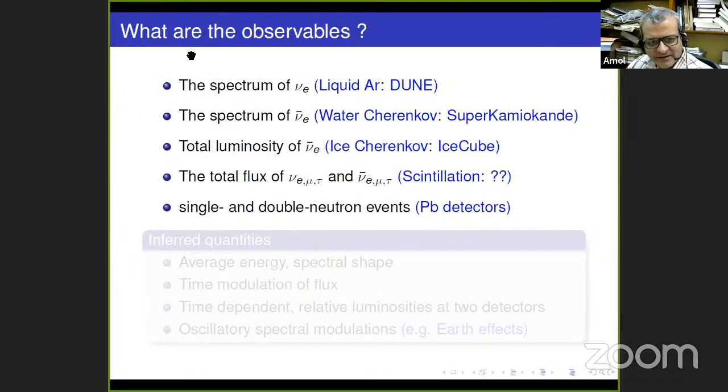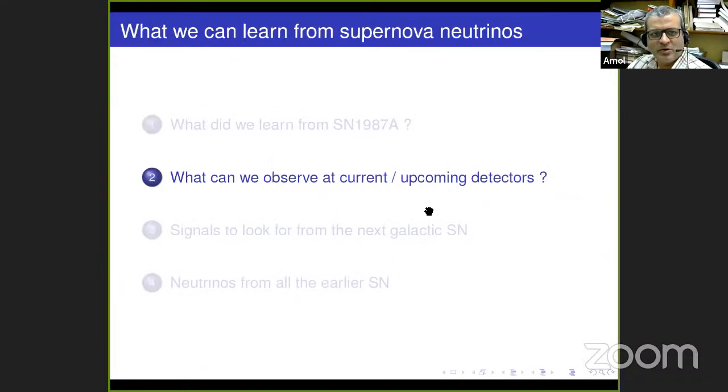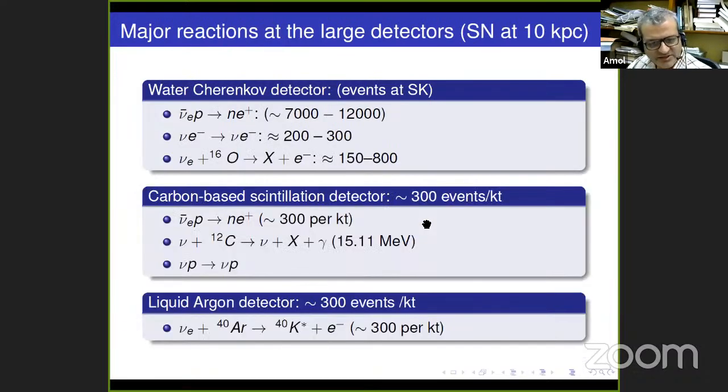In a lead detector, you can see events which are called single neutron and double neutron events. So it again tells you something about electron neutrinos, but not much, because the number of events here is going to be very, very small. If you remember the past plot, while Super-Kamiokande sees 10 to the power 4, HALO will see only a few tens. So that information is not much. It's complementary information, but not great information.